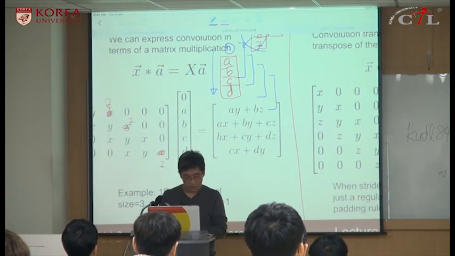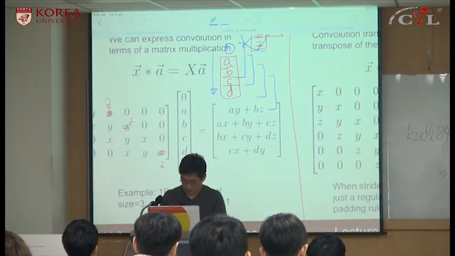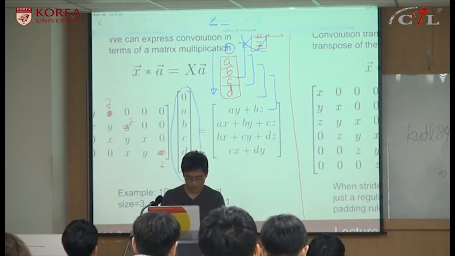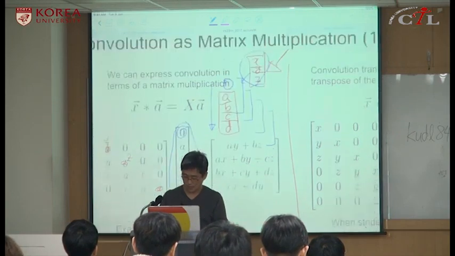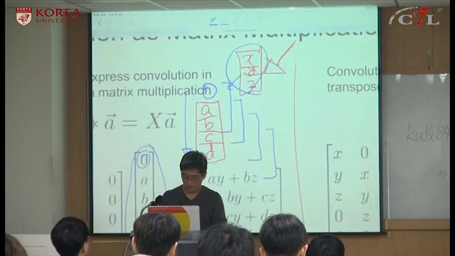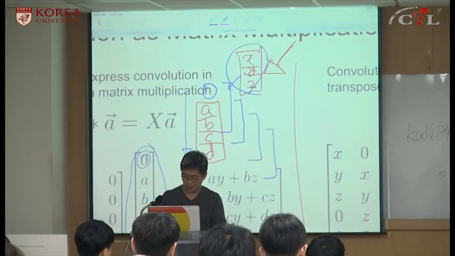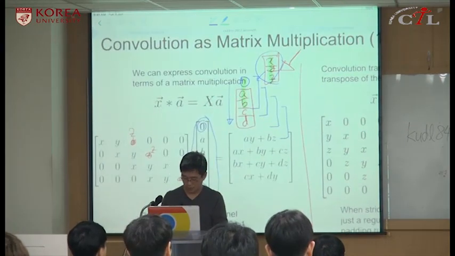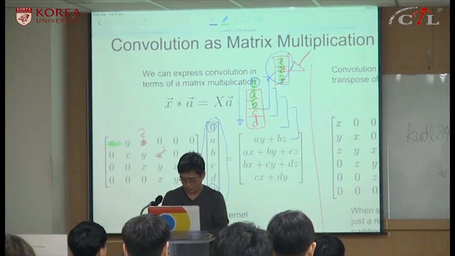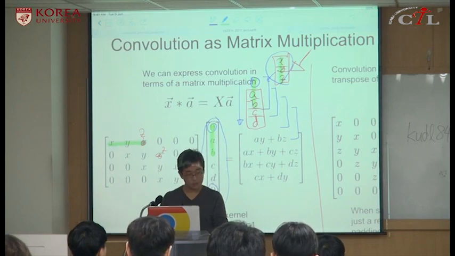So the first way is, we have this input activation map, including these 0s, right? And then the first linear combination is with this guy and this guy, okay? So that can be represented as the inner product with XYZ and here, right?